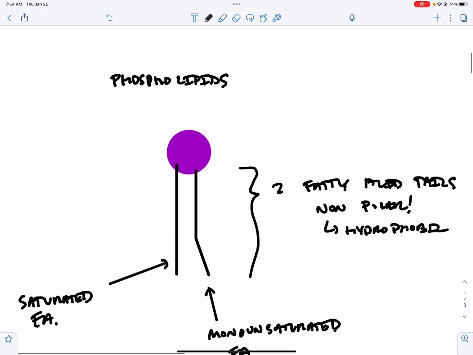Okay, and then remember, we talked about how all fats and lipids are hydrophobic. And we break the rules here with phospholipids. Phospholipids have a phosphate head.